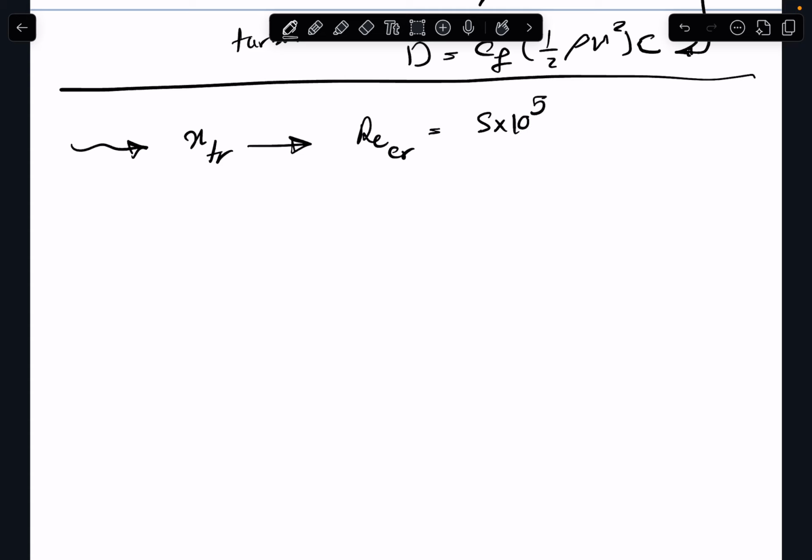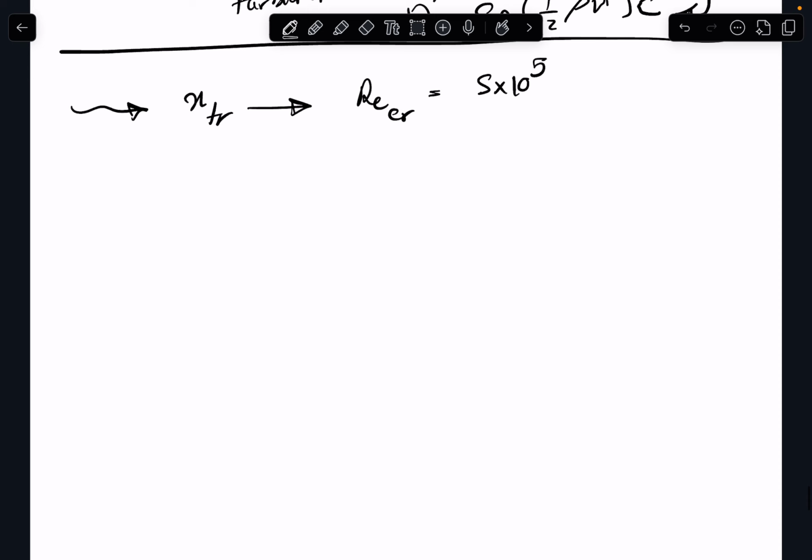I might give you a different Reynolds number for your calculation in an exam or homework, but in general, we assume on a flat plate, the transition from laminar to turbulence happens at the Reynolds number of 5 times 10 to the power 5. So using this and using this equation, we can find the transition location, X transition.